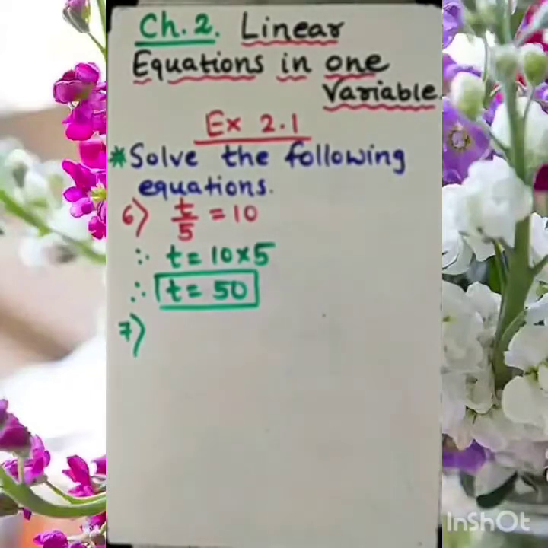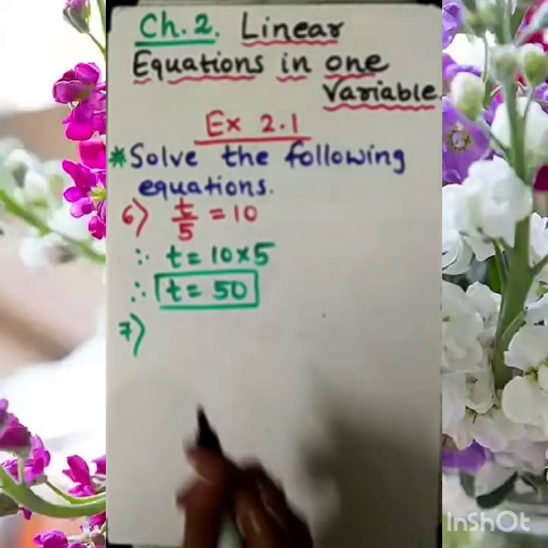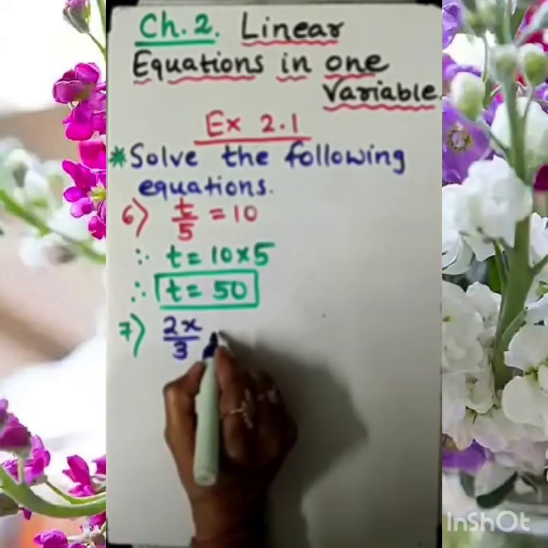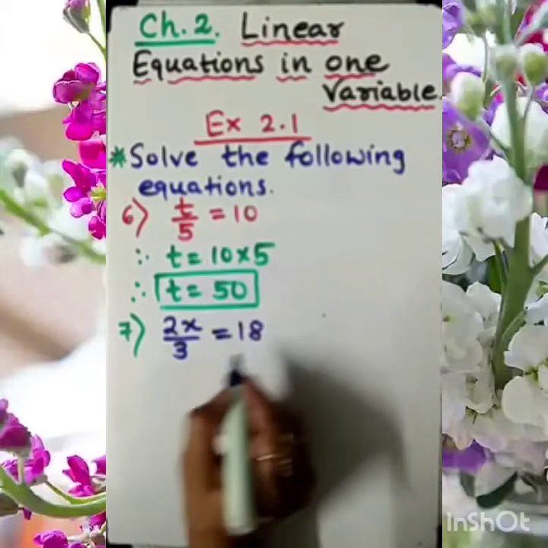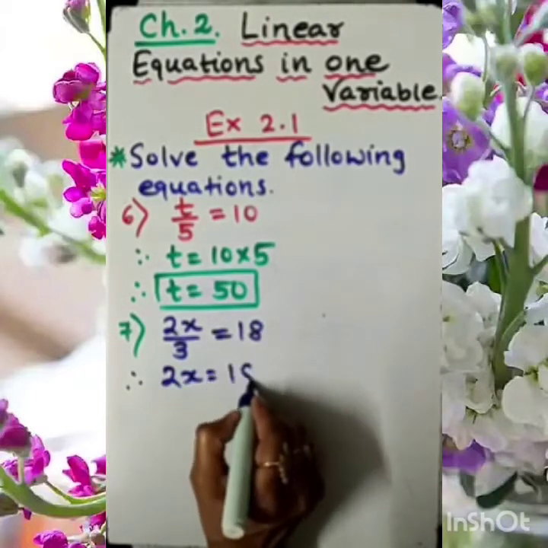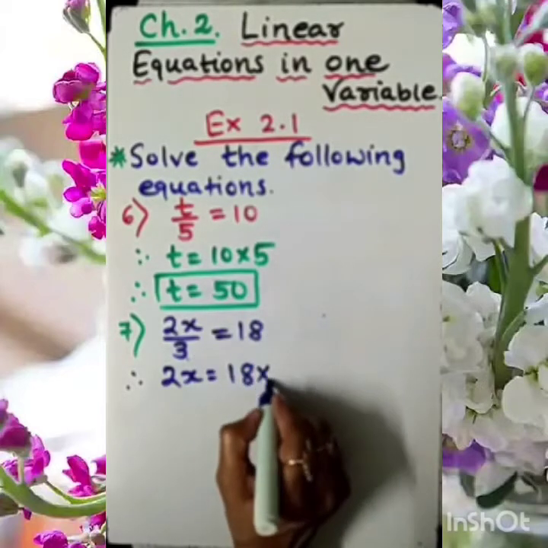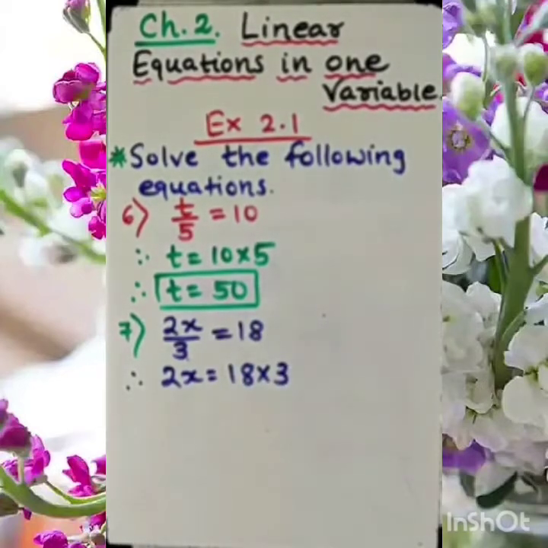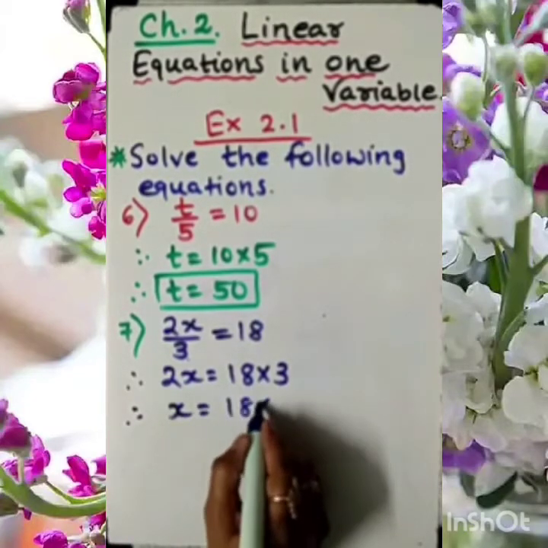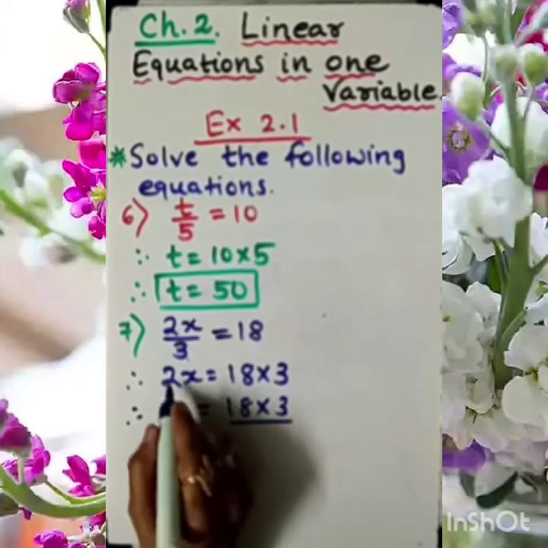I am writing the question of the 7. We are given 2x by 3 equal to 18. This we are given. Therefore, 2x equal to 18, this 3 will be in cross multiplication, 18 into 3. Clear to you? Therefore, x equal to 18 into 3 divided by 2.